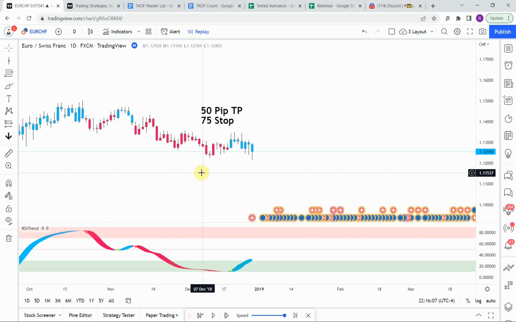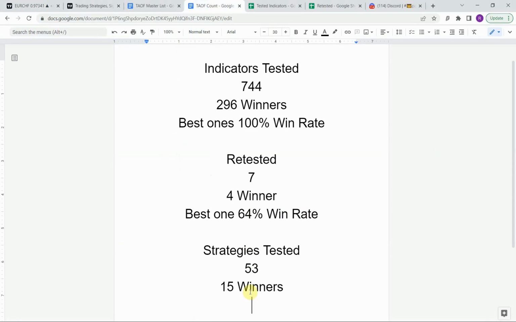Alright, as I said, today we will be testing the RSI Trend Indicator. Before we do though, I wanted to put the testing scoreboard up for everyone to see. So to date, we have tested a total of 53 different strategies, with 15 of them being profitable. We've also tested a total of 744 indicators, with 296 of them being winners. The best ones so far were able to achieve a 100% win rate.